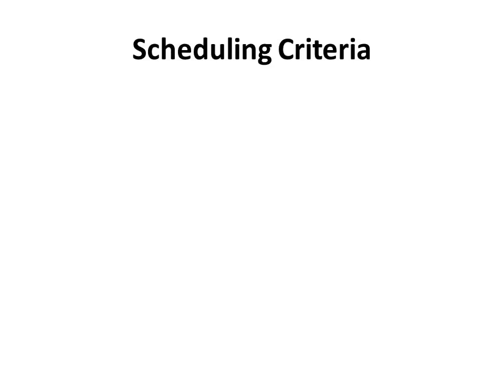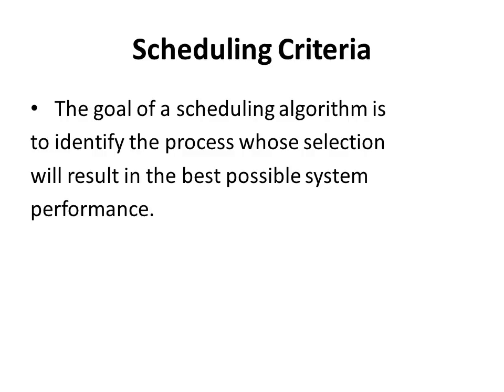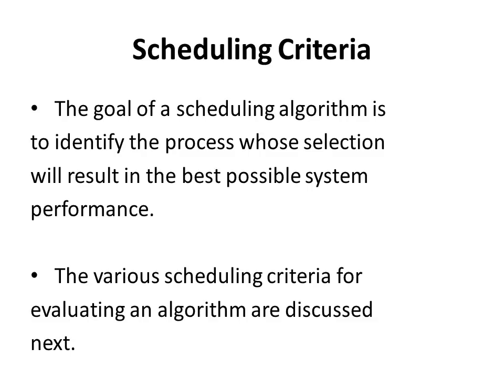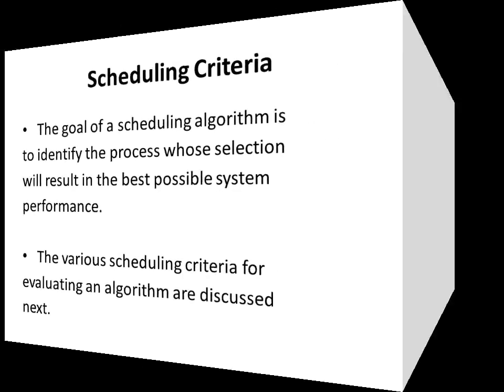Scheduling criteria. The goal of scheduling algorithm is to identify the process whose selection will result in the best possible system performance. The various scheduling criteria for evaluating an algorithm are discussed next.